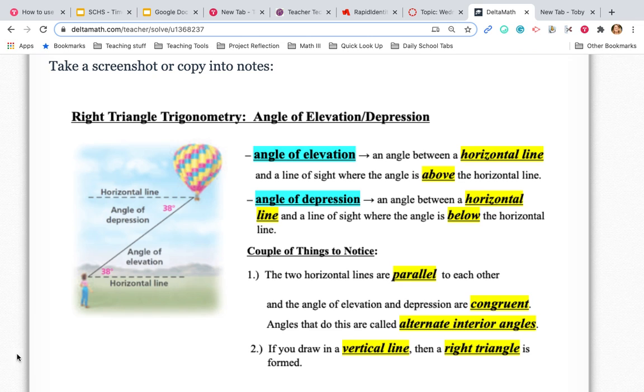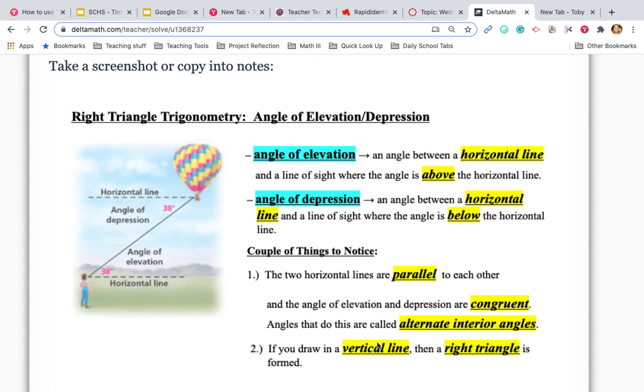So you've got these two parallel lines cut by this transversal, alternate interior angles are congruent. So the angle up here would be the same as the measure of the angle down here for the angle of elevation. That's what I just described here, that the two horizontal lines are parallel to each other. The angle of elevation and depression are congruent, and angles that do this are alternate interior.